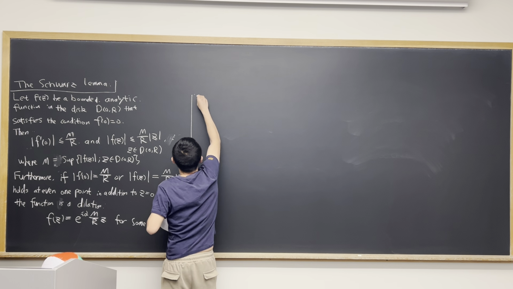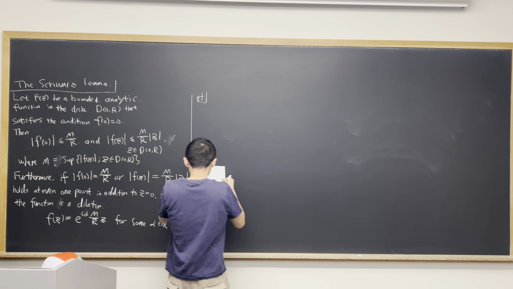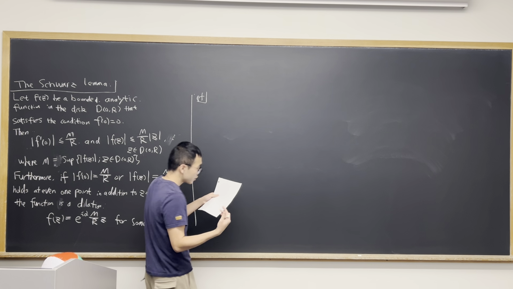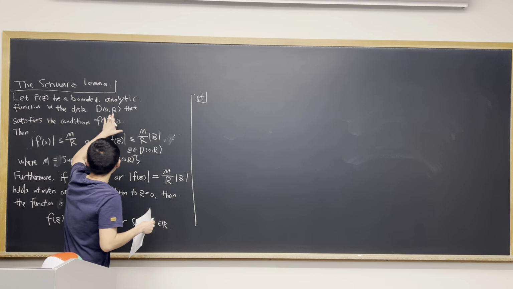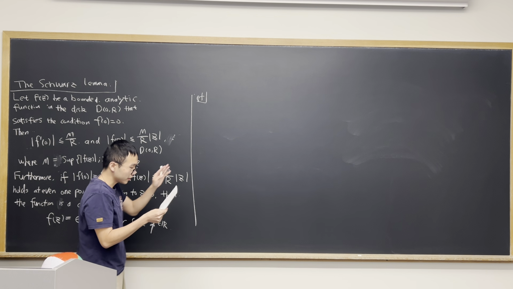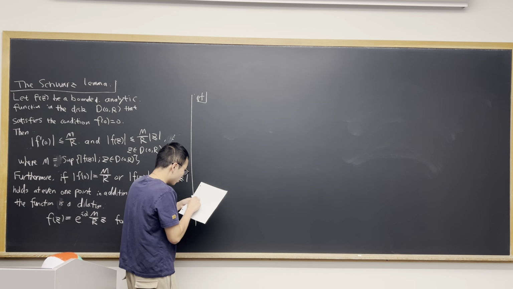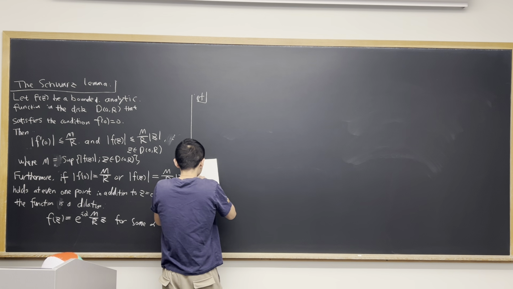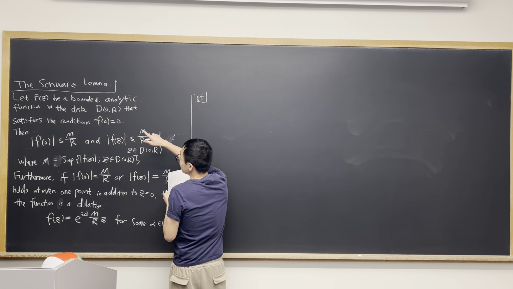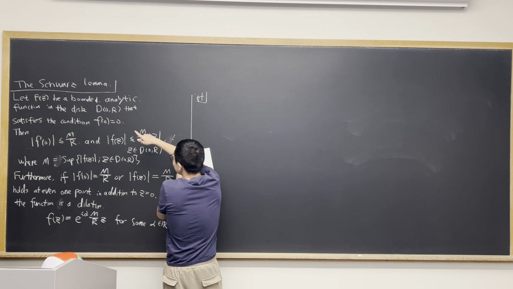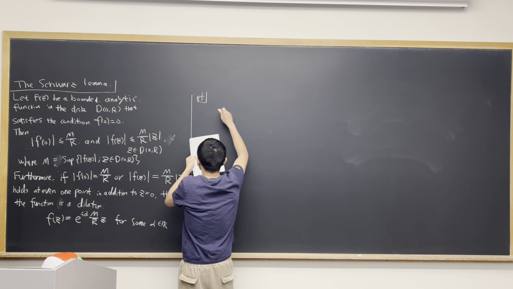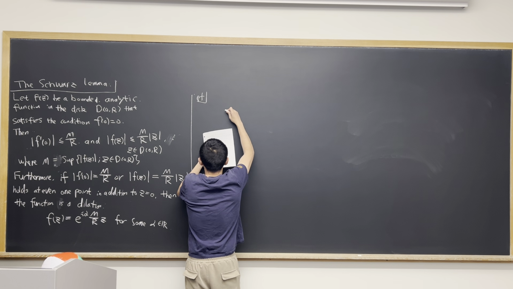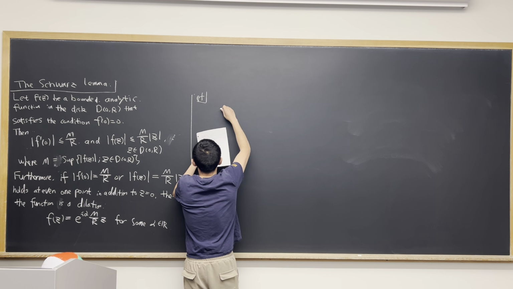Proof. So first, because this f is analytic, we know that this function has a power series expansion at the origin, because this disk contains the origin.